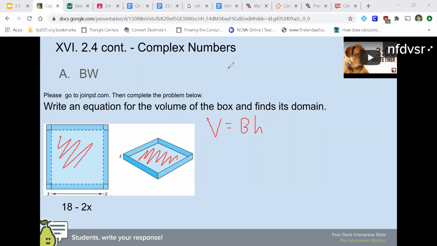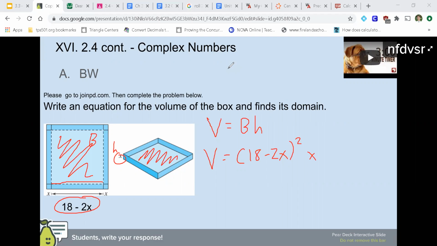Our base is a square, so we just do the side length squared. The height is just x. So that's the formula for the volume.